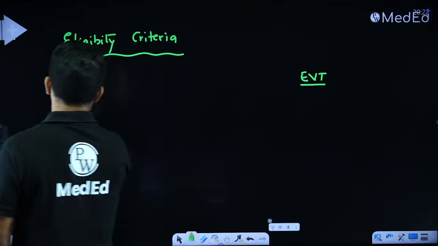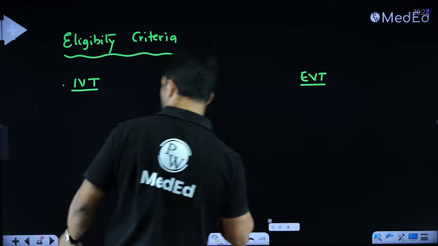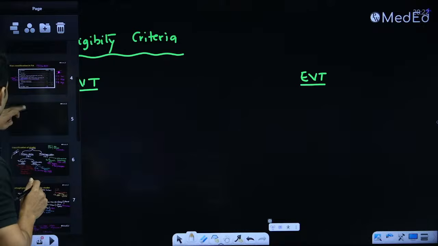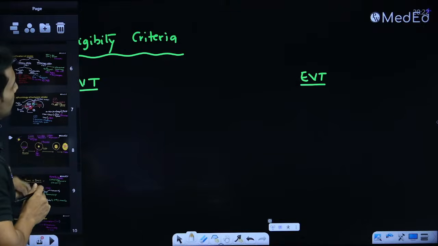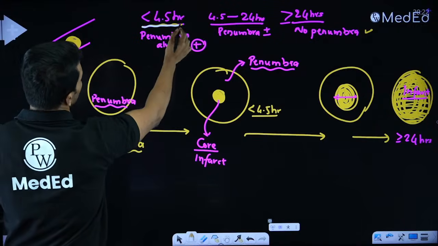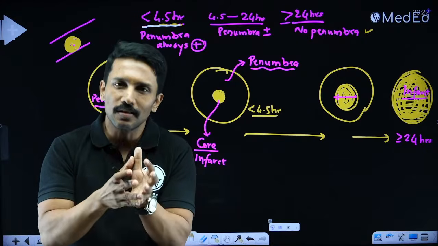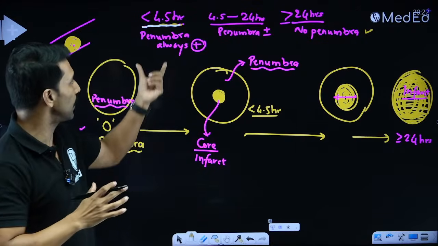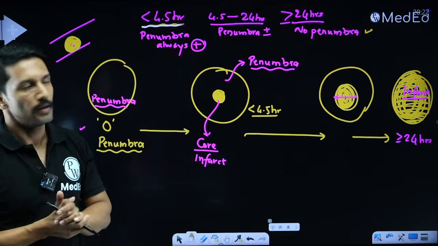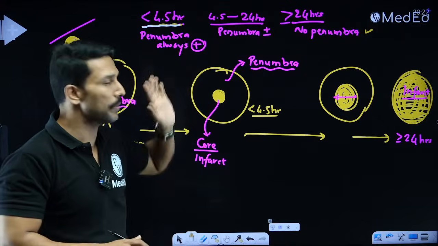For IV thrombolysis, number one, I think I have already told you that if the patient has presented within 4.5 hours of onset of the stroke, we clearly know that you will find a sizable chunk of brain tissue as penumbra, and it's certainly worth taking a risky step like administering thrombolytic agents to save that penumbra. So within 4.5 hours, they definitely become eligible for thrombolysis because you will have a penumbra.